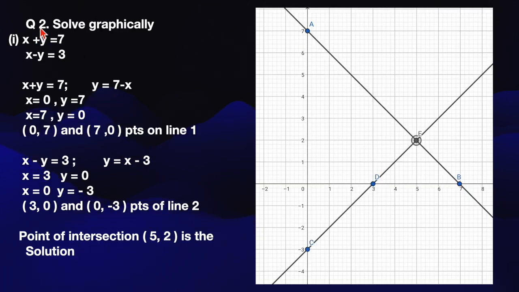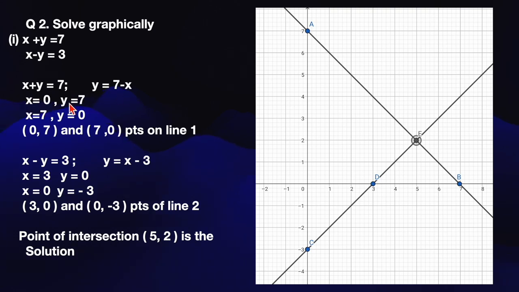Okay, second question, solve graphically. There are two equations given and we have to find the values of x and y, which will satisfy both the equations. Okay, so this is the first one. Let's plot this line on the graph paper. For that we need at least 2 points. Okay, so first write down this equation like this.